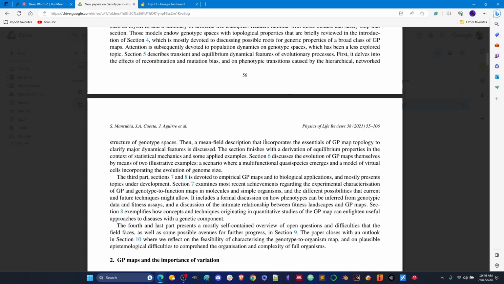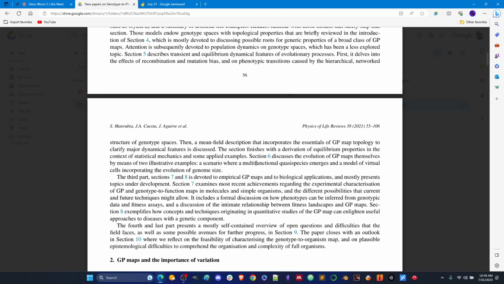They give a mean field description that incorporates essentials of GP map topology that clarify major dynamical features. Then it finishes with a derivation of equilibrium properties in the context of statistical mechanics and some applied examples. And then section 6 discusses the evolution of GP maps themselves by means of 2 examples.